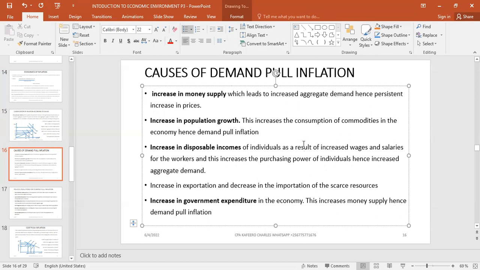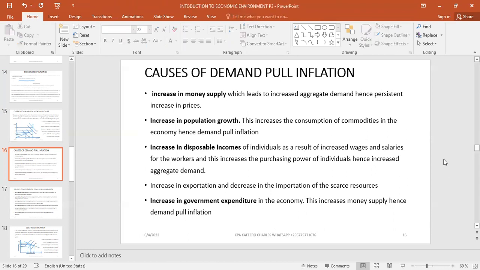We expect that, one, there is an increase in money supply. How do we increase the money supply? Of course, we have those monetary policies which help to increase the money supply. If, let's say, the bank rates charged by the central bank are a bit fair, people can easily get money, and money is in much saturation.